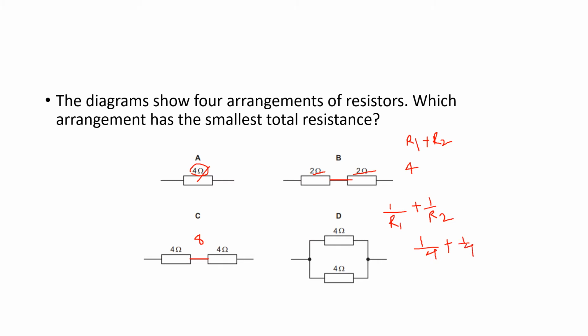So we get 4 plus 4, it is 8, divided by 4 multiplied by 4, it is 16. So the answer is 1 by 2. Here the answer is 1 divided by 2. Now which has the smallest resistance? Of course the resistors which are connected in parallel. So D is the answer.